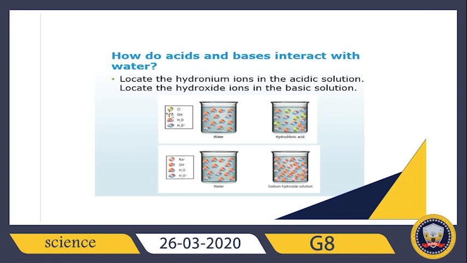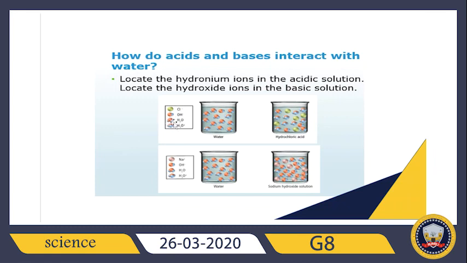So guys, the green ball represents the chlorine ion. Here we have 1 oxygen atom, 1 hydrogen atom. So this model represents the hydroxide ion, and here we have 2 hydrogen atoms with 1 oxygen atom.